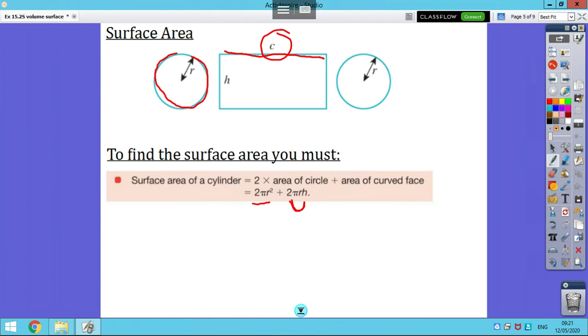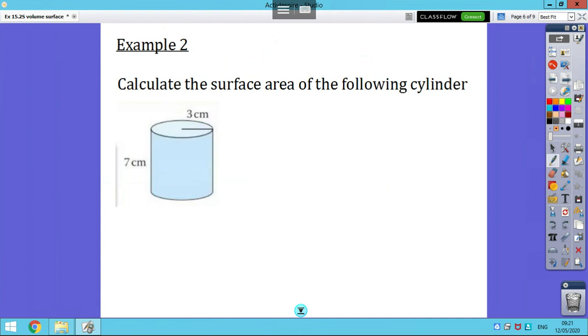Now, please write down this formula here, and I hope you understand where each of those components of the formula comes from. Now, we're going to do an example, okay? So example number 2, calculate the surface area of the following cylinder. Now, we know that the surface area is going to be 2 pi r squared plus 2 pi r multiplied by h.